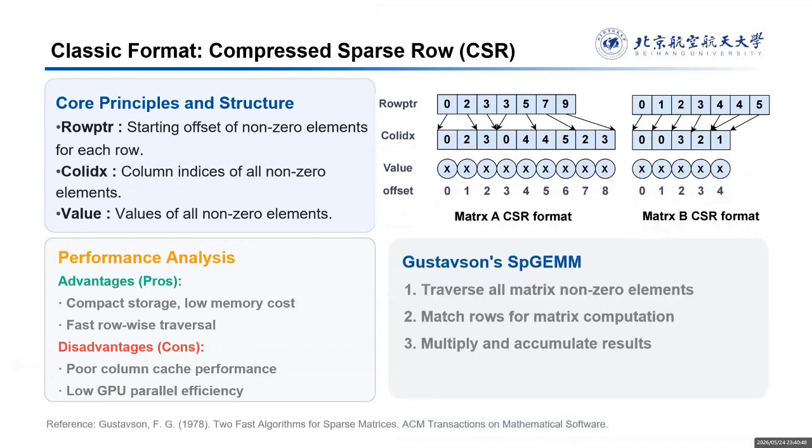The classical Gustavson method follows this row-based idea. It is general and useful, but on GPUs, it suffers from irregular memory access, dynamic insertion overhead, and load imbalance. So CSR is a good storage format, but it is not a good match for tensor core computation.